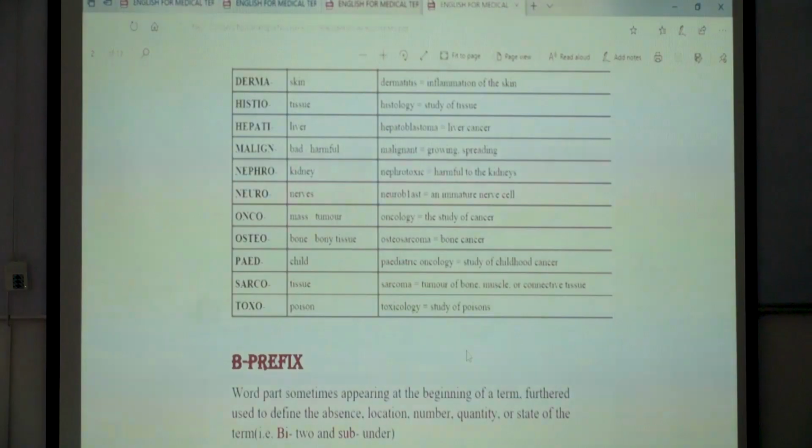As we said about the decodable term, we have a prefix, we have a root, we have a suffix. Then we have a vowel and we have combined form. This is the train of the decodable term, but the application depends on the location of that term.